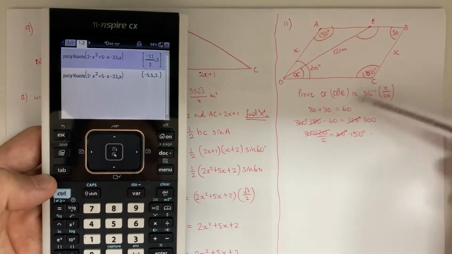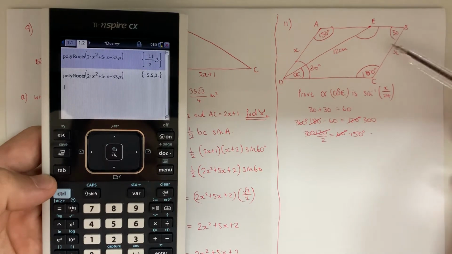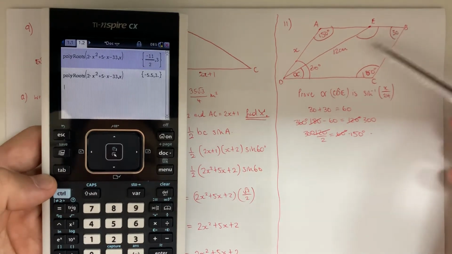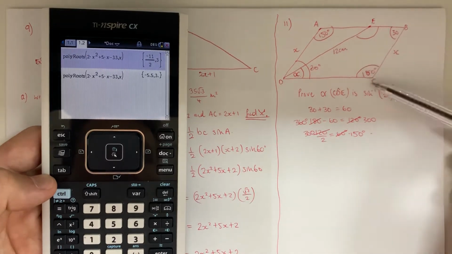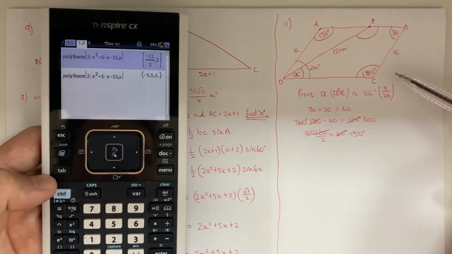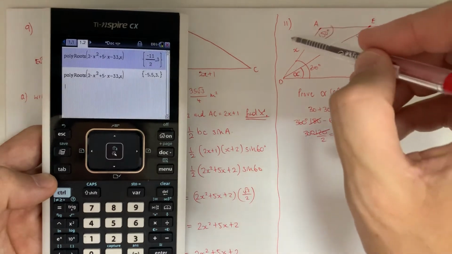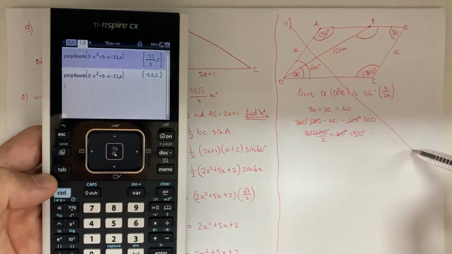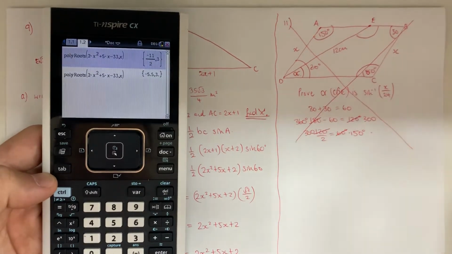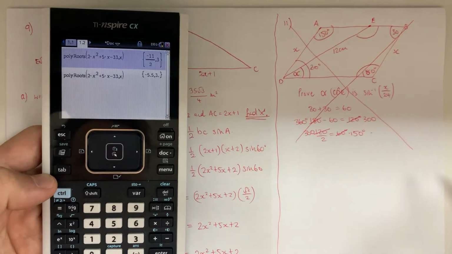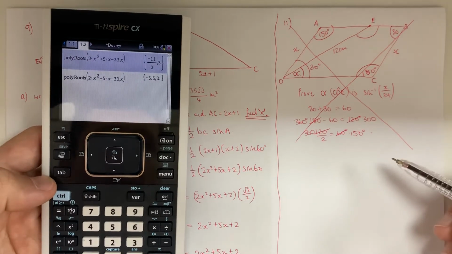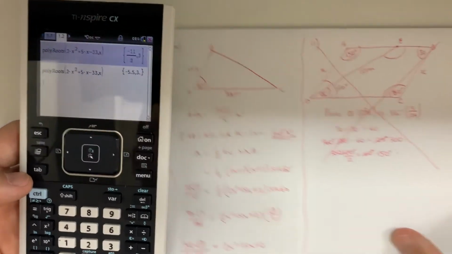Any proofs and things like that. It's quite a complex question. You need to know rules of angles and parallelograms. So for question 11, I'm going to rule that one out. If you want me to go over it with you one-to-one, I will, but I want to push on with the other questions.